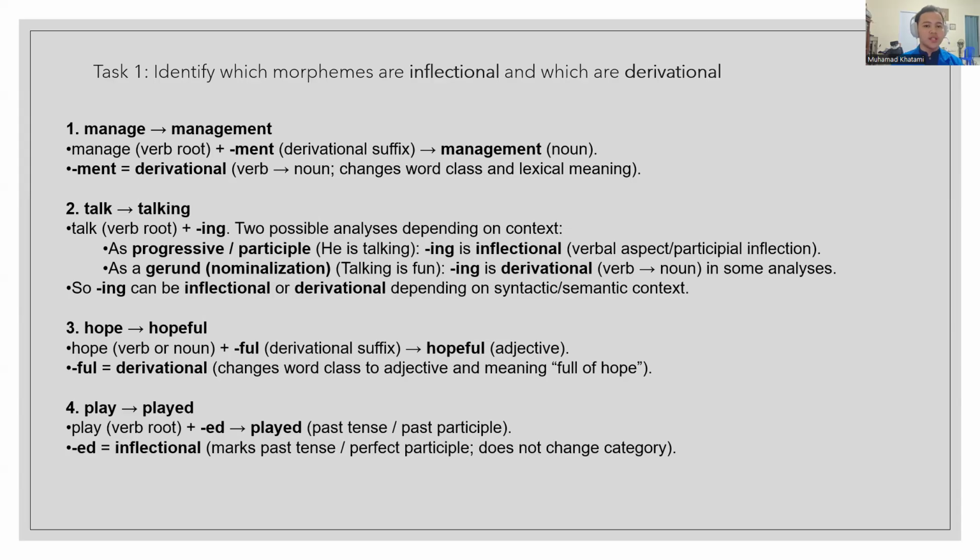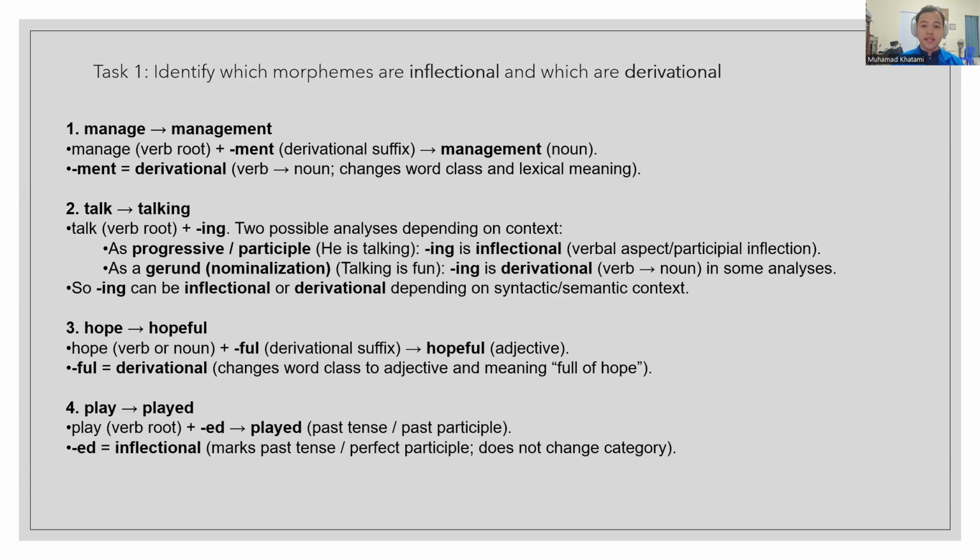Now, there are actually two possible analyses depending on context. As a progressive or a participle, as in he is talking, ing is inflectional because it only changes the verbal aspect or participle inflection. But as a gerund, a nominalization, as in talking is fun, ing is derivational because a verb becomes a noun in this specific case.